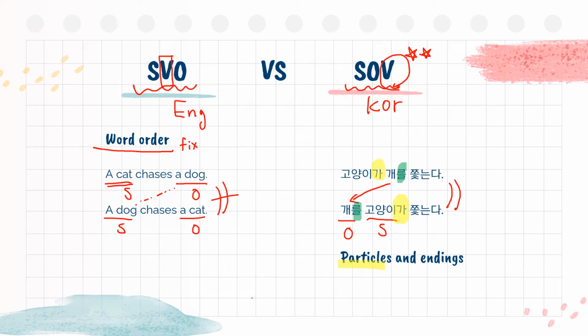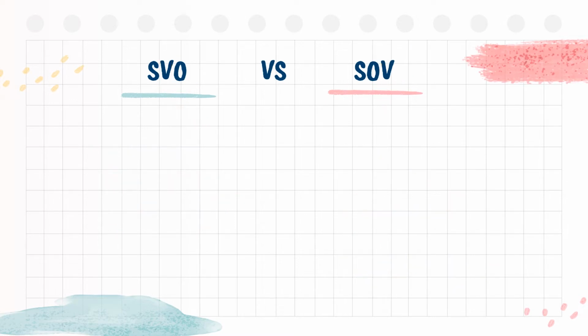Languages with SOV word order, like Korean, have many particles and verb endings. Verb endings? We will get to that later. Another feature of languages with SVO word order is prepositions, like in a bag. In comes before a noun.